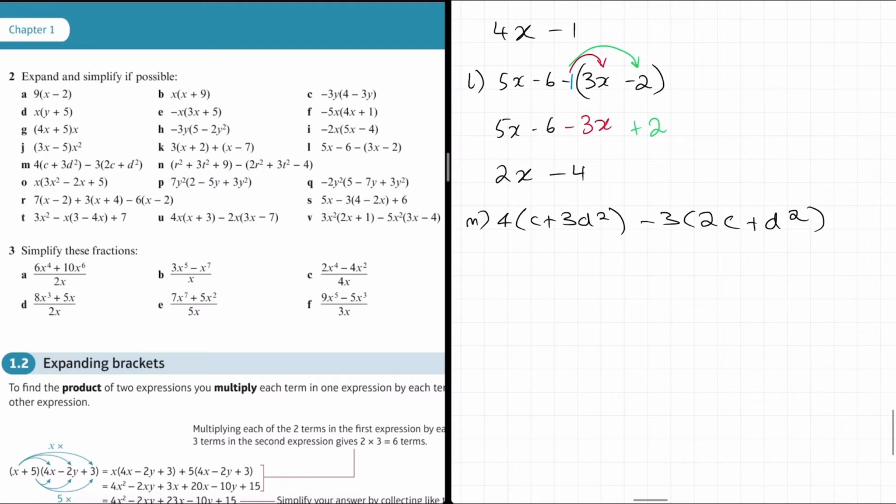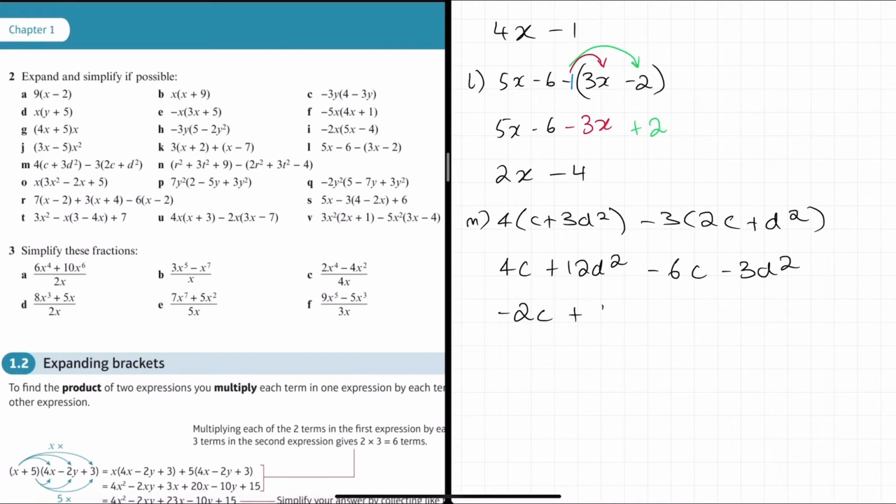Okay, so 4 times c is 4c, and 4 times 3d squared is 12d squared, minus 3 times 2c is minus 6c, and minus 3 times d squared is minus 3d squared. So now, when we collect like terms, we have 4c minus 6c, which is minus 2c, and 12d squared minus 3d squared, which is 9d squared.